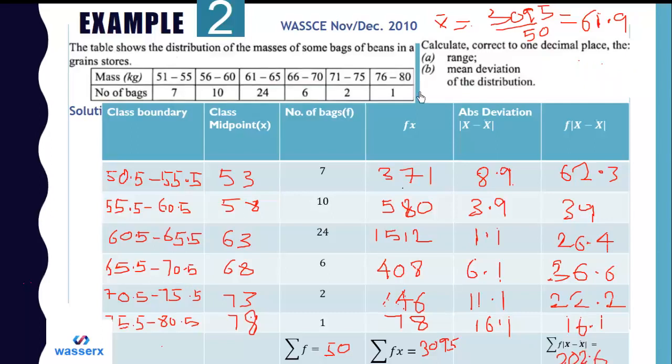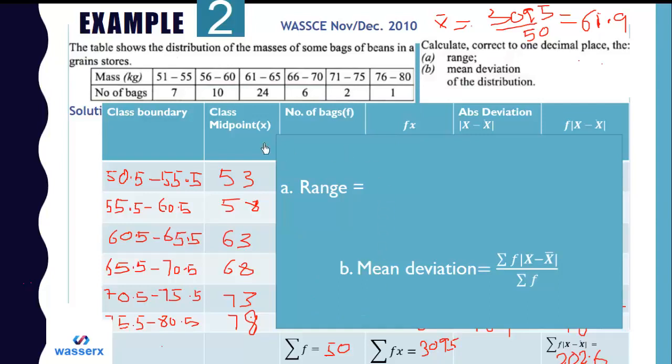The range is given by the difference between the upper class boundary of the last class and the lower class boundary of the first class. So that is going to be 80.5 minus 50.5, and that will give us 30.